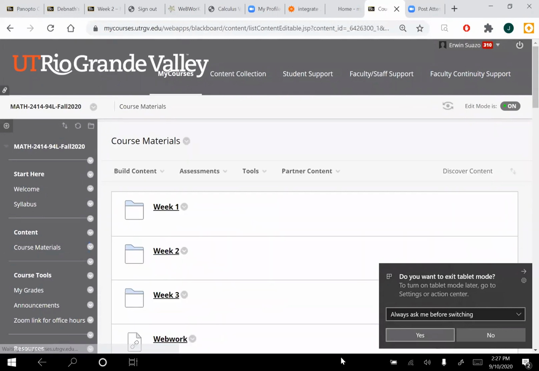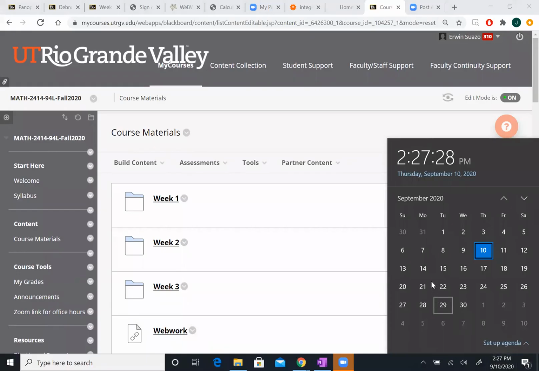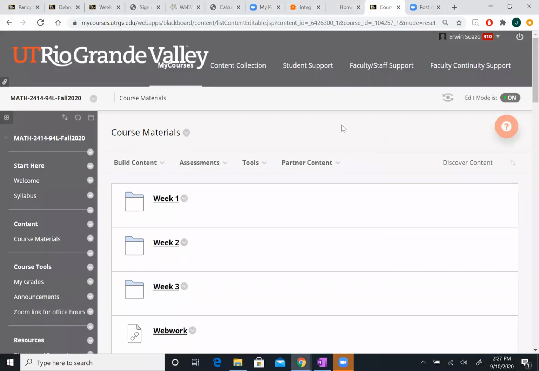By the way, I'm planning to have the exam on the 29th, okay? If you have special accommodations or you cannot take it, there are going to be two options.